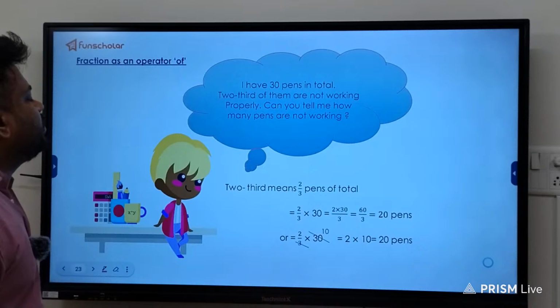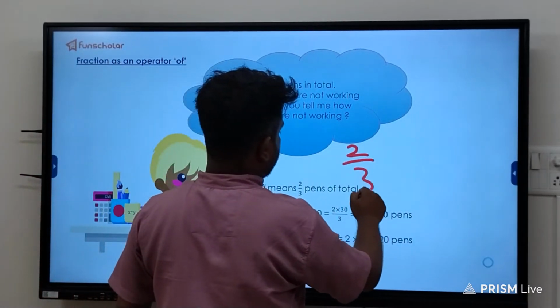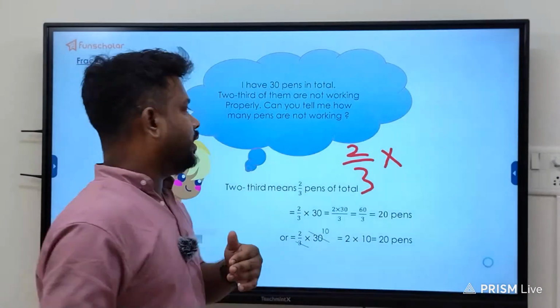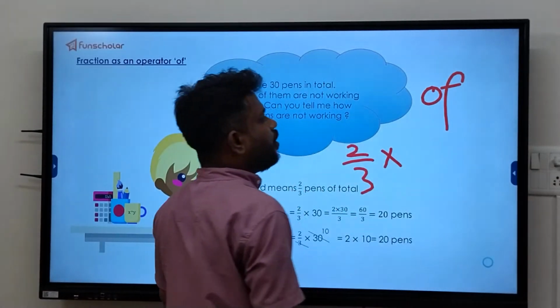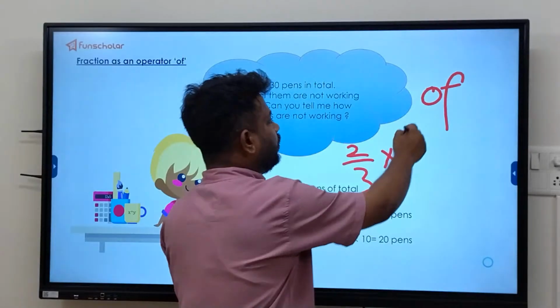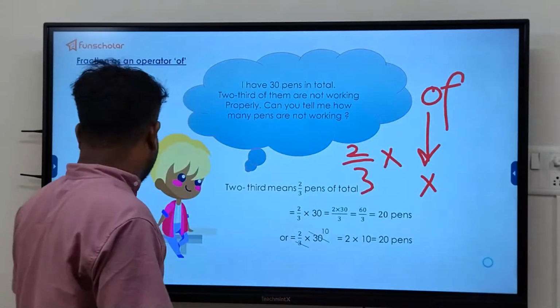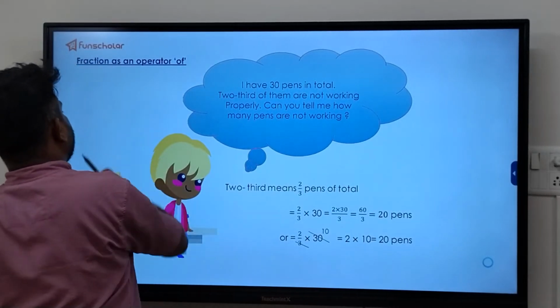Okay, so 2/3 means 2/3 pens of the total, so 2/3 of. An important thing: in mathematics, this word of will always represent multiplication.